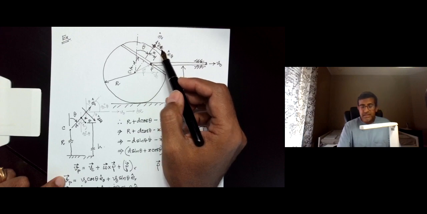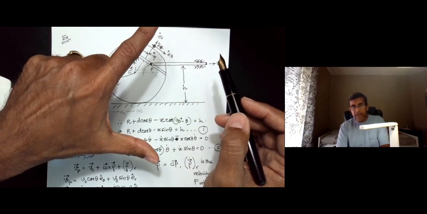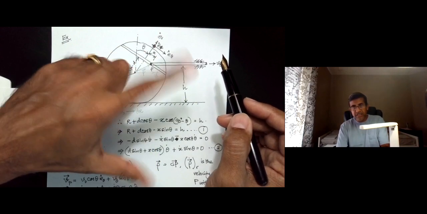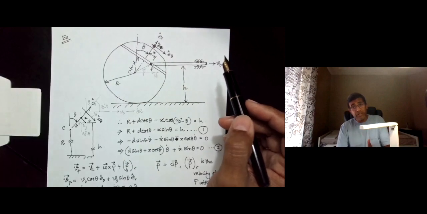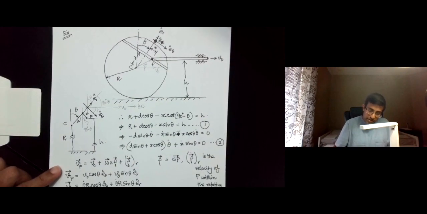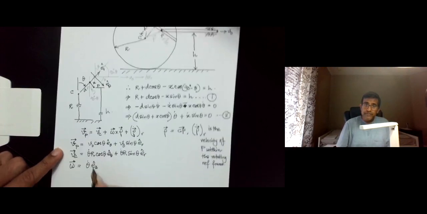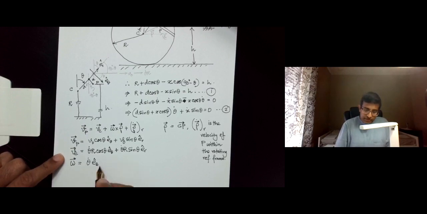And that is pretty easy to see because this coordinate frame is always perpendicular and parallel to the slot. As the disk turns, the coordinate frame turns with the slot, and so therefore with the disk. So the angular velocity of the coordinate frame is theta dot, and in fact it is in the z direction because it is going clockwise. So it is theta dot Ez. So here we have theta dot Ez as the angular velocity.